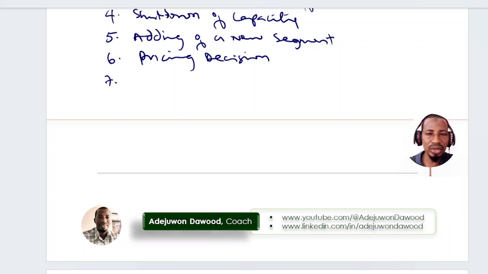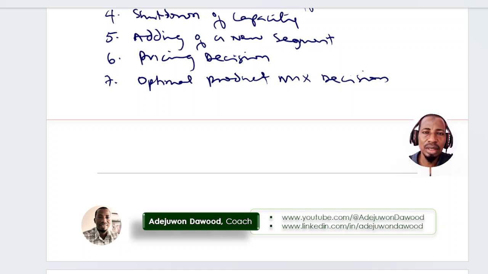Another area where you can apply the technique of marginal costing in decision making is optimal product mix decision. The optimal product mix decision will arise where a company does not have sufficient factors of production to produce the company's final products.